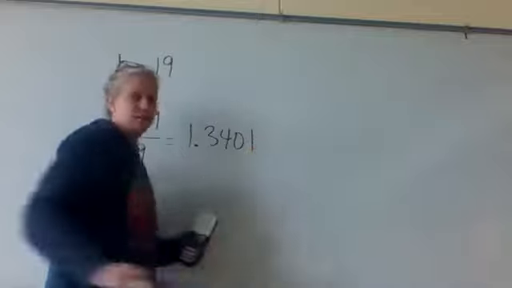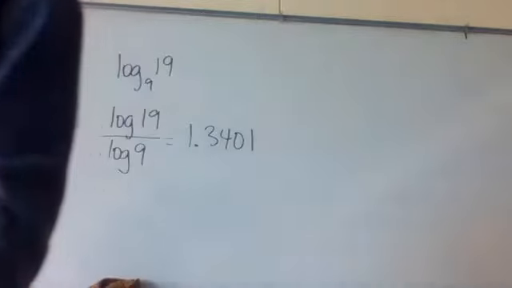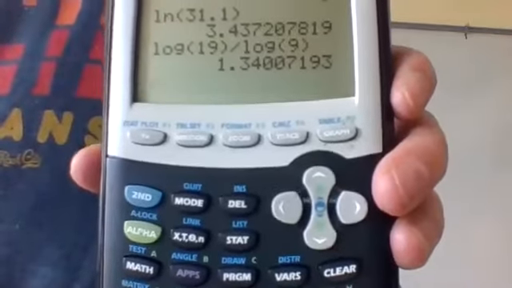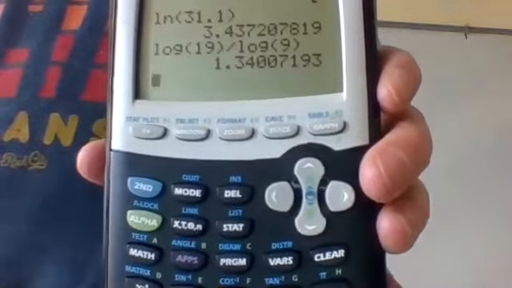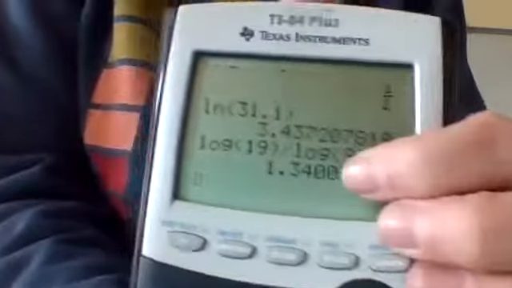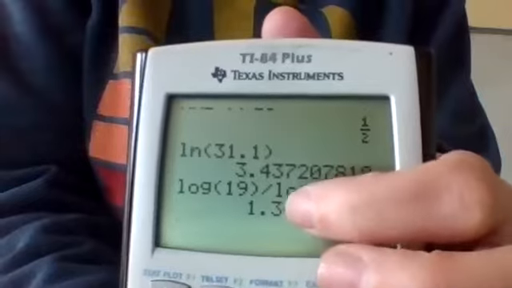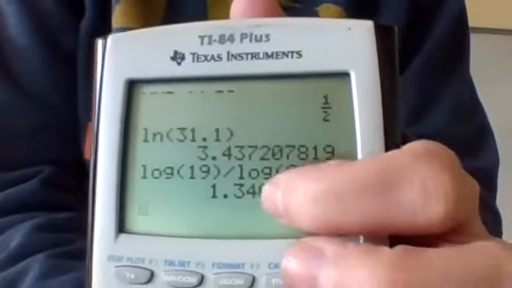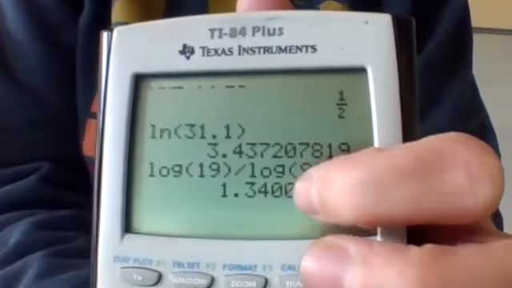Miss Hanson? Yeah. How is it 1.3401? Did you type that in your calculator? Yeah. What did you not get that? Well, I just don't get how we're supposed to. Oh, why it's not. Okay, so if you're rounding to 4 decimal places, that means count 4 places after your decimal. So there's 1, 2, 3, 4.